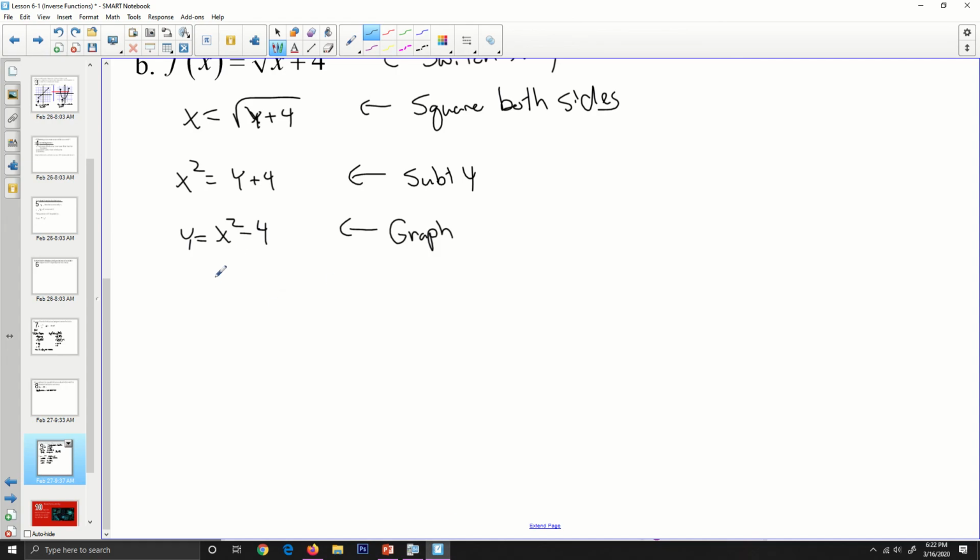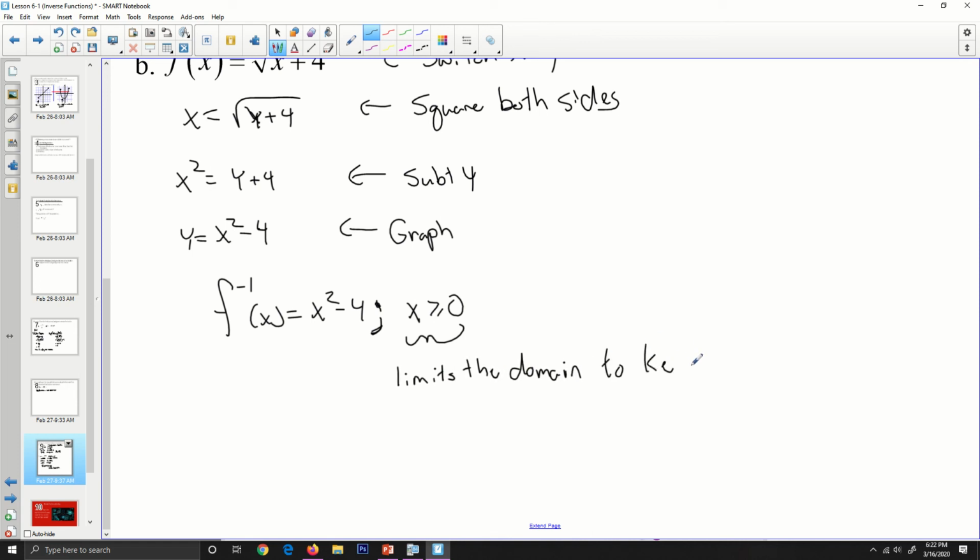We're going to say f inverse of x is equal to x squared minus 4, and then put a semicolon there, where x is greater than or equal to 0. This limits the domain to keep the inverse one-to-one.